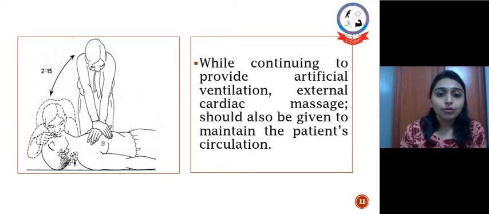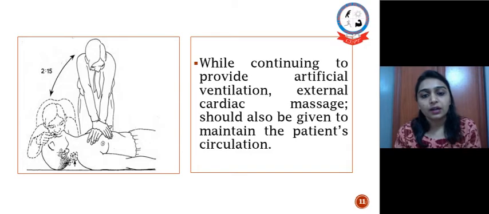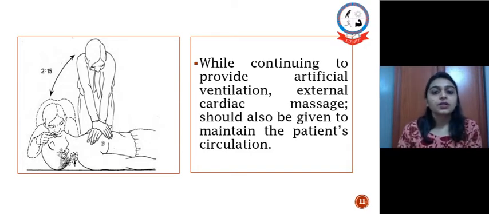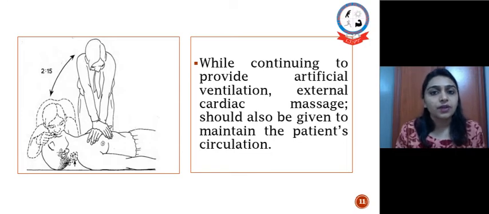While continuing artificial ventilation, we should also provide external cardiac massage to maintain the patient's circulation. This way we provide ventilation and circulation, so that circulation reaches the brain as well, and we can prevent brain damage.